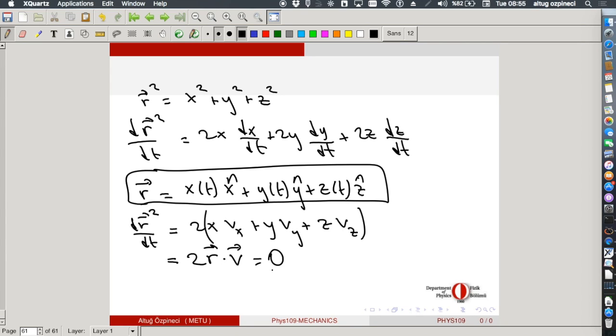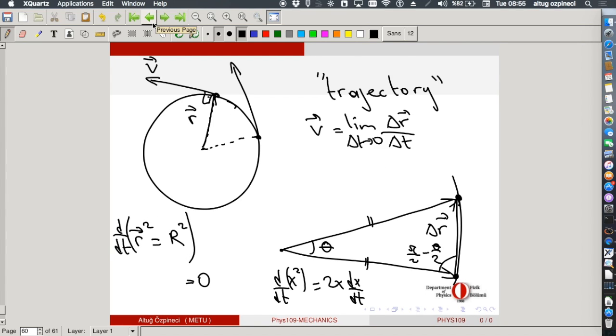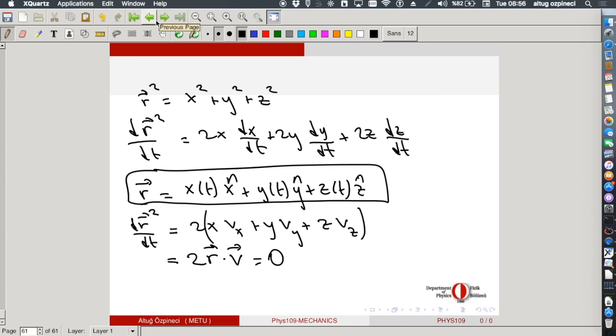Now you have two different ways of proving the same thing. Either you can look at this geometrical interpretation, or you can look at this more mathematical derivation. You see, taking derivatives of vectors is quite similar to taking derivatives of ordinary functions, in the sense that, starting from the beginning, you could have just used the chain rule: the derivative of r squared is twice r times the derivative of r, which is what we have done over here.